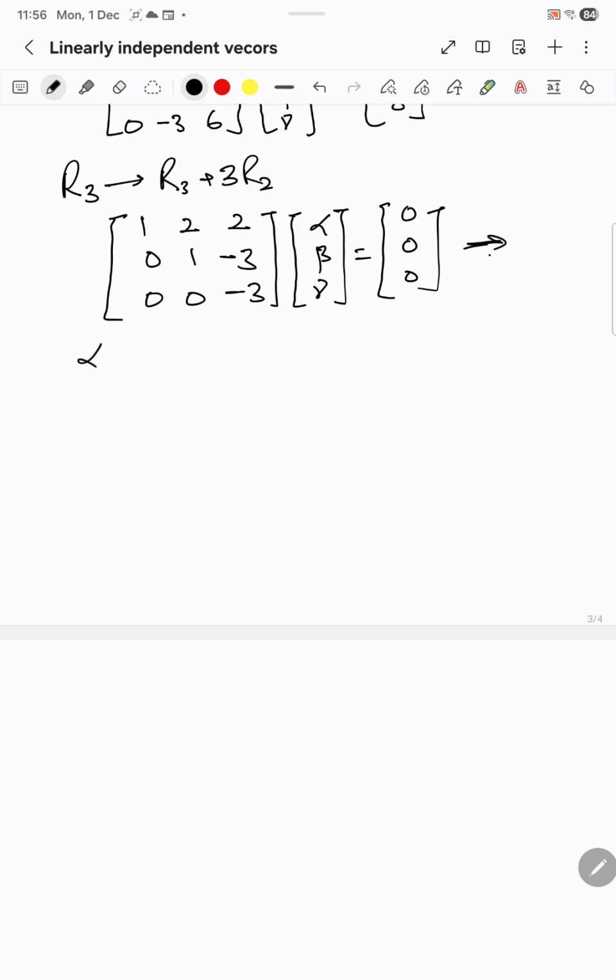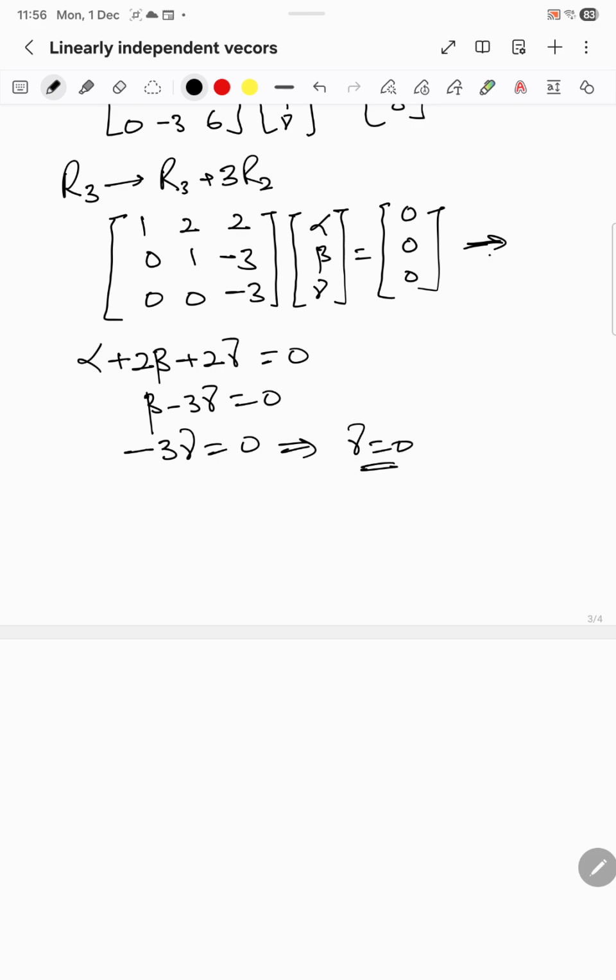So the system is now alpha plus 2 beta plus 2 gamma is equal to 0. From the second row we obtain beta minus 3 gamma is equal to 0, and from the last row we have minus 3 gamma is equal to 0. So from here it is easy to obtain that gamma is equal to 0.